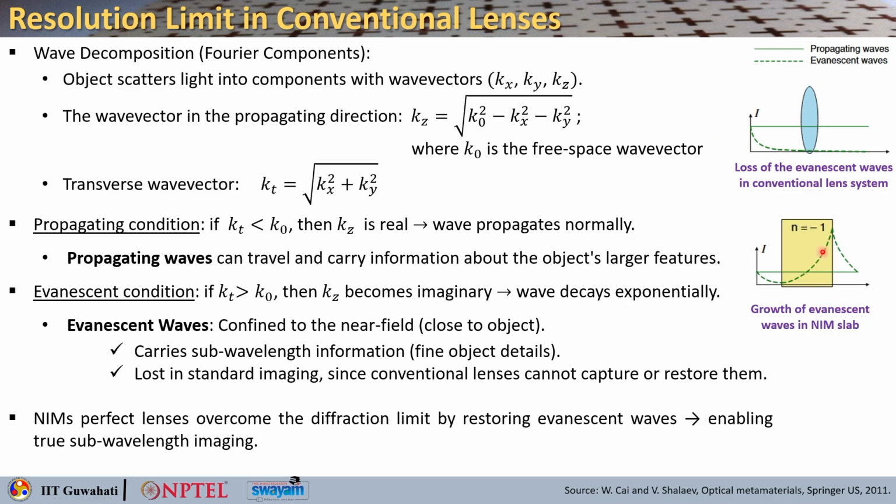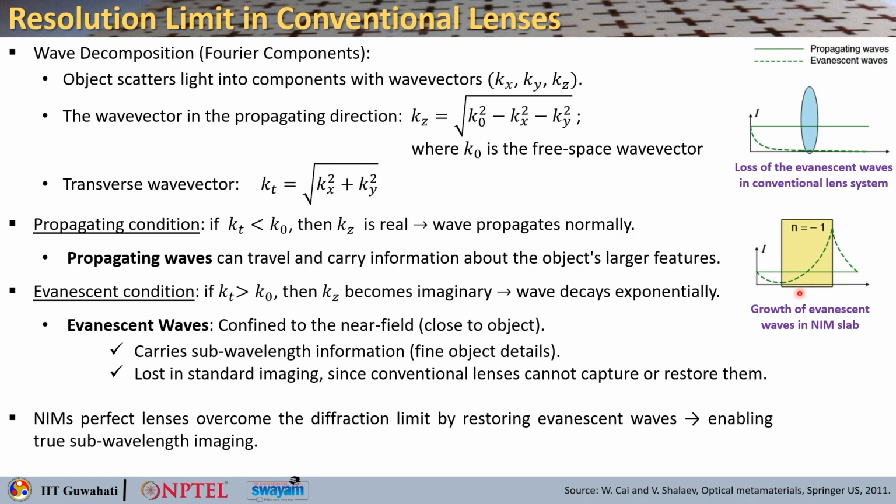This is where exactly the negative index material will perfectly fit in, and you can make perfect lenses based on them, where you can place this to restore the evanescent waves, because evanescent waves grow in this kind of negative index material instead of decaying. So you can restore them to the same level where they were earlier, and then it enables true sub-wavelength imaging.